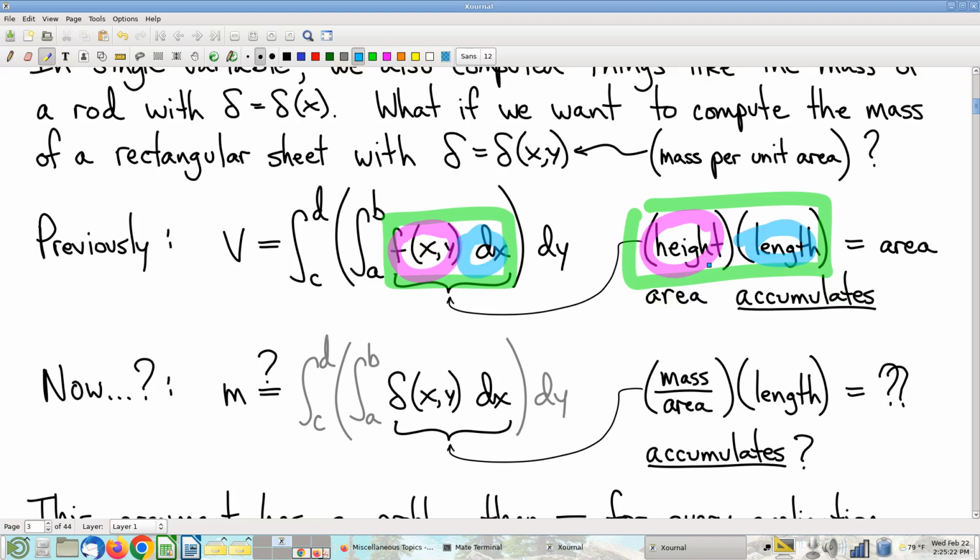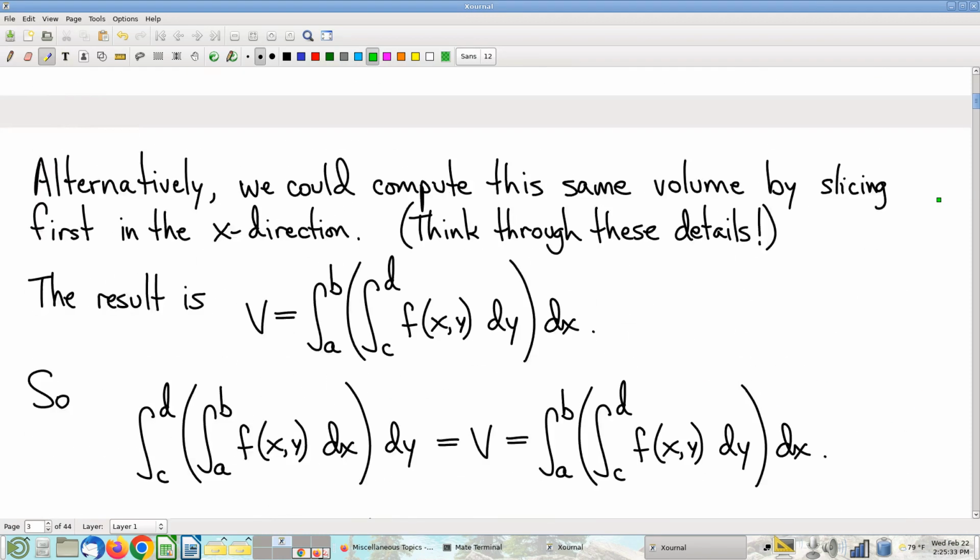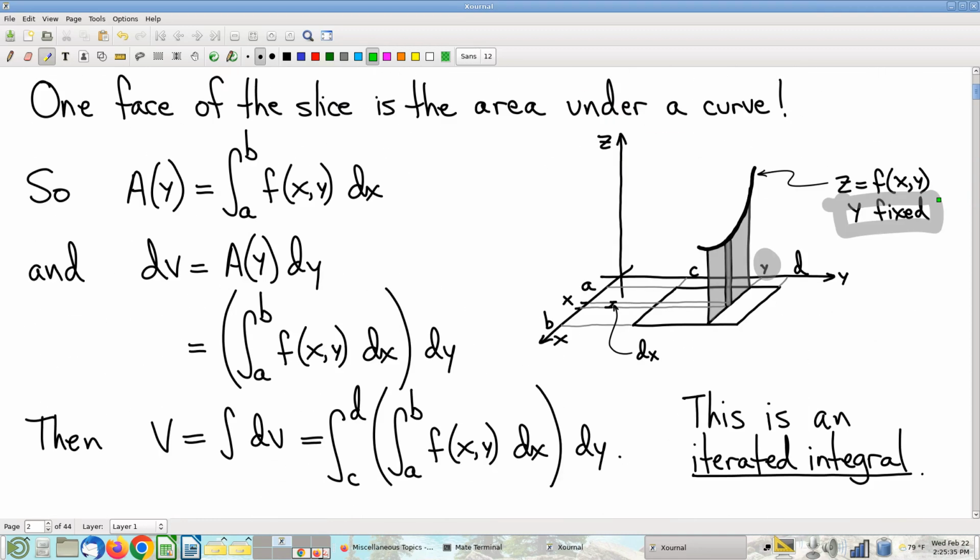This is a length. And the reason that I write down f of x dx is because height times length gives me area. And recall, we were looking at cross-sectional areas, and I was adding up little pieces of area like that. And so thankfully, knowing that this is area means I can draw pictures and make arguments.